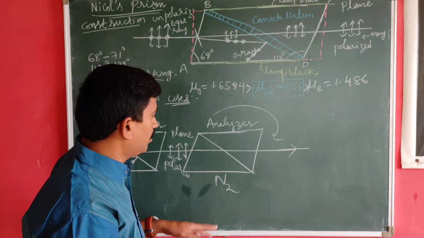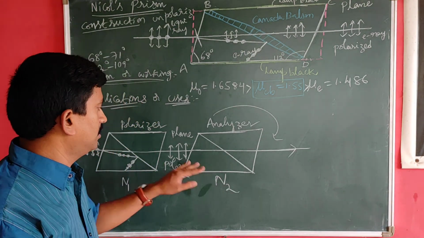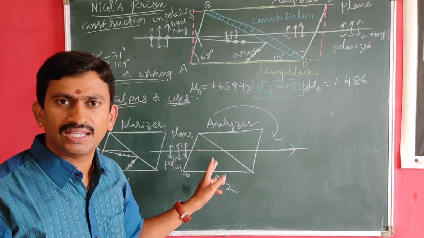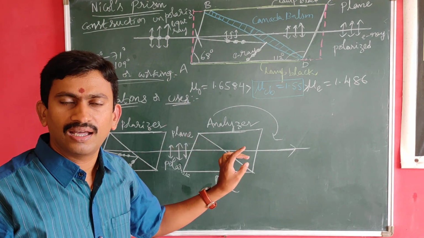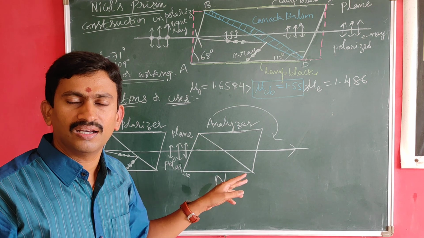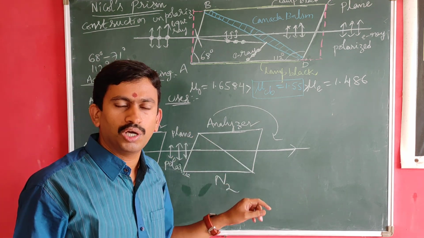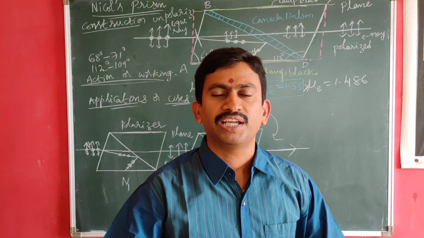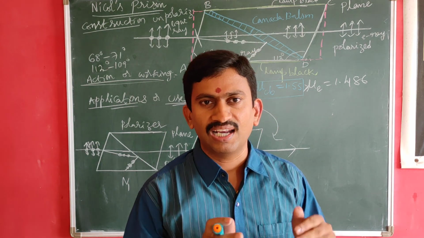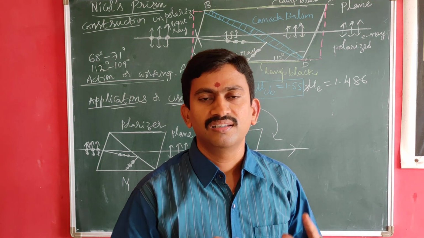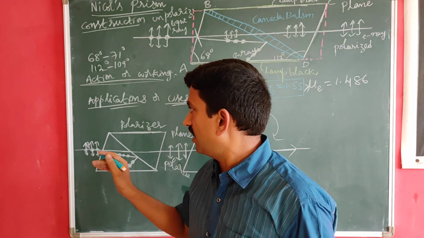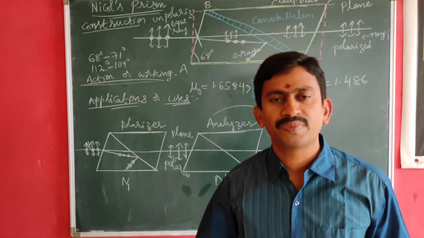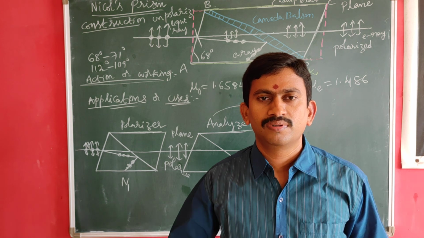So this is how two nickel prisms lined up one behind the other in the optical microscope are used for studying the optical properties of several crystals, minerals, and rocks. This is the entire concept of the nickel prism.